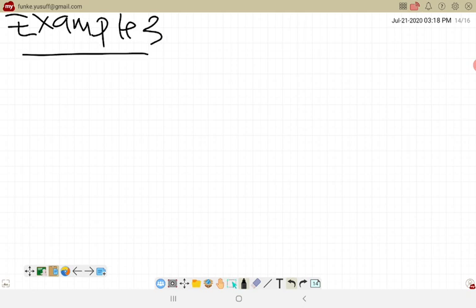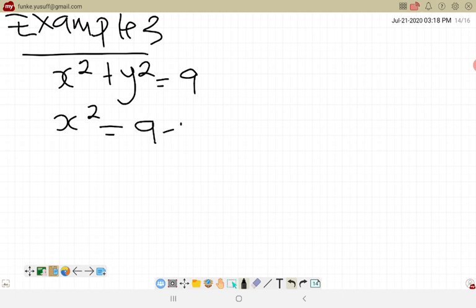Example 3. Consider the equation x squared plus y squared equals 9. Now let us plot the graph of this equation. We are solving for x. x squared equals 9 minus y squared.